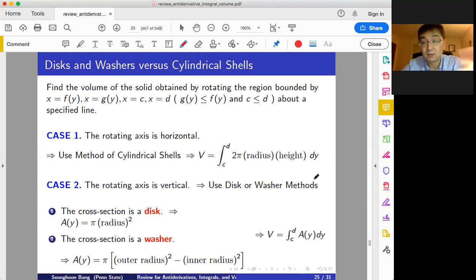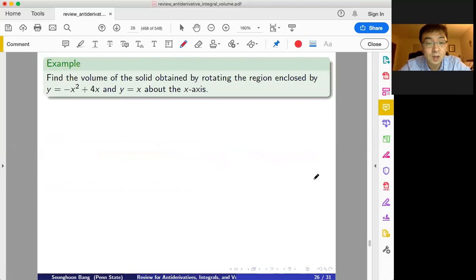I can show an example here. Find the volume of the solid obtained by rotating the region enclosed by y equals minus x squared plus 4x and y equals x. So how can we do that? The graph is like this one. Find the intersection point. Negative x squared plus 4x equals x.